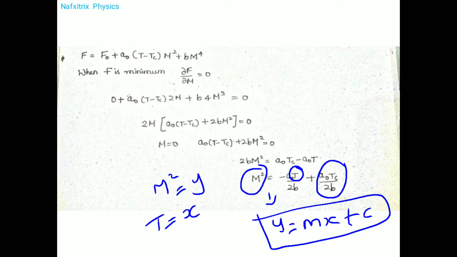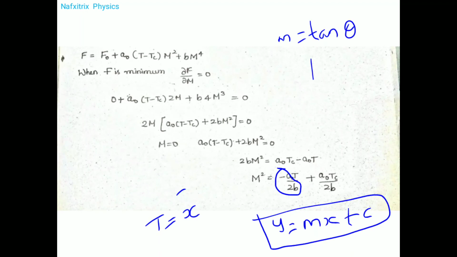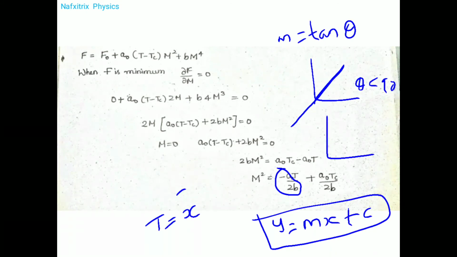Another important thing is that in the place of m, we have minus a naught by 2b. That means the slope is negative, so theta is greater than 90 degrees. Slope is nothing but tan theta. If the straight line were in this manner, theta would be less than 90 degrees, but what we want is theta greater than 90 degrees.